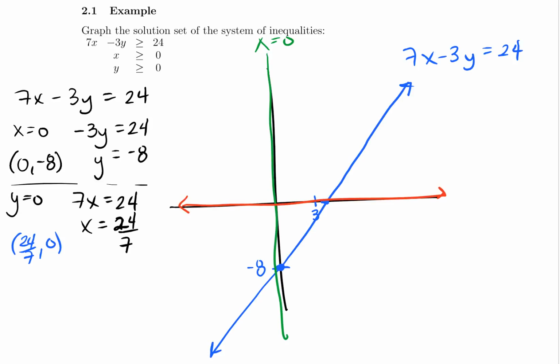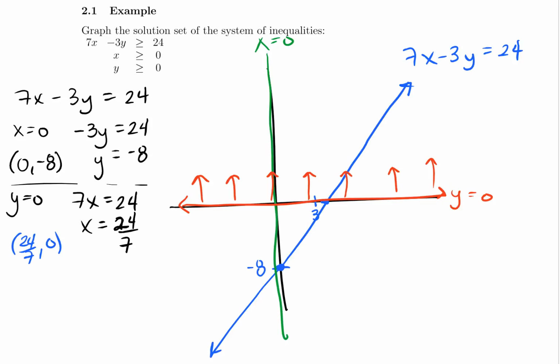So we're going to try to find the overlap between each of these three regions. Let's work sort of backwards. y has to be greater than or equal to 0. That means that anything in the top part of the coordinate plane is a valid solution, because anything above the x-axis has y greater than 0.